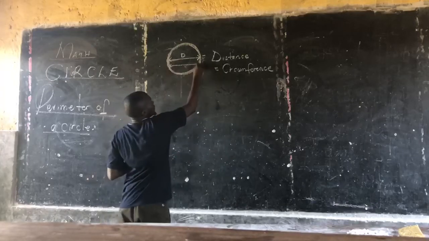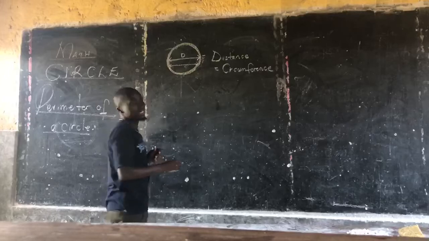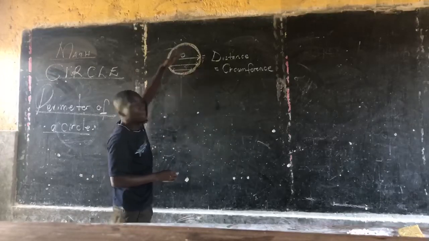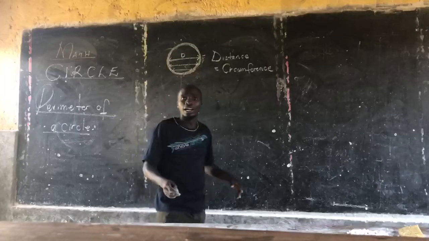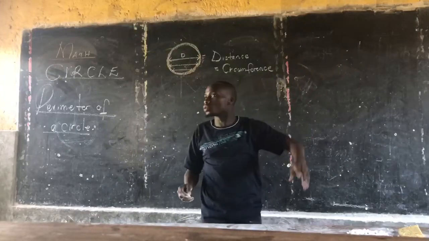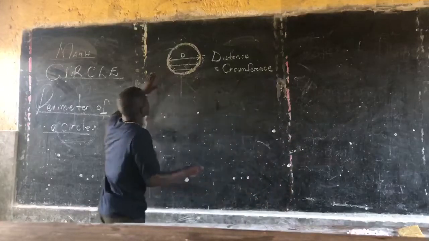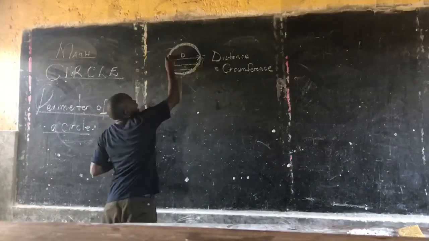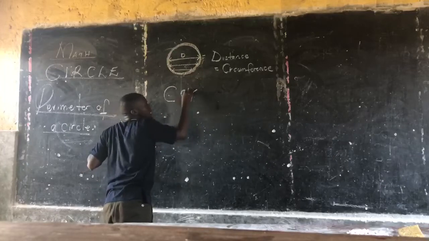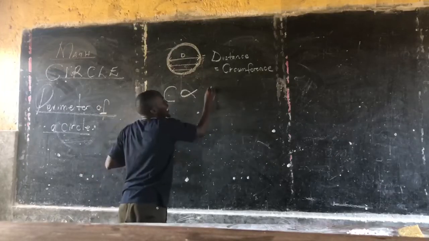When I move down, it goes on reducing. When I move up, it increases. Whenever I move down, it decreases. So we're saying that the circumference of a circle increases with the increase in the diameter.